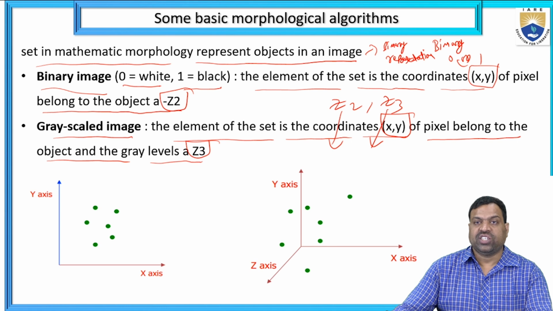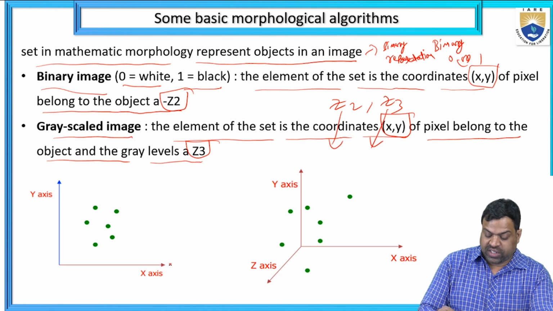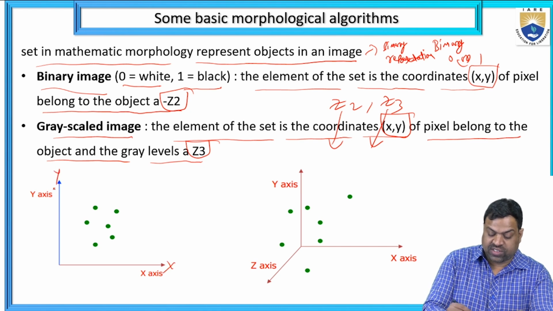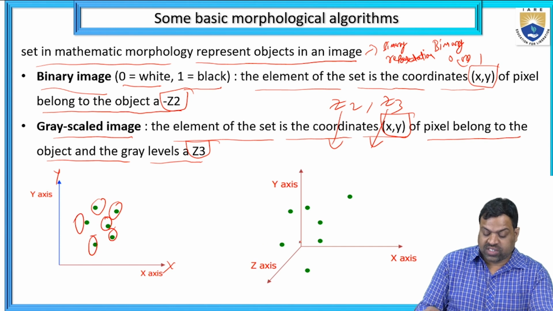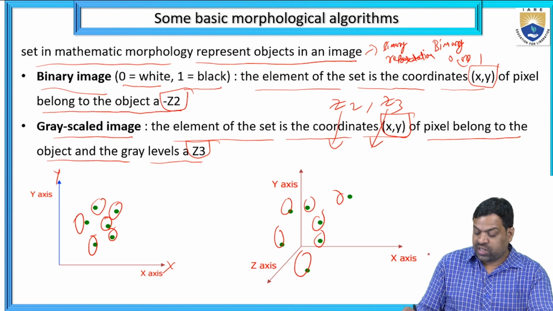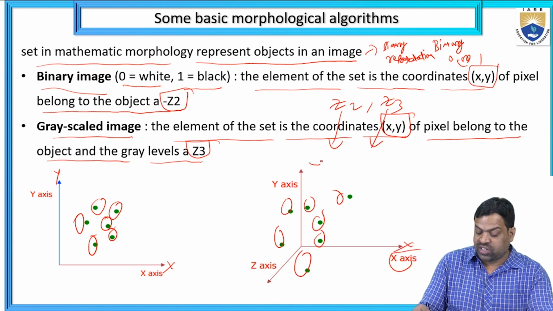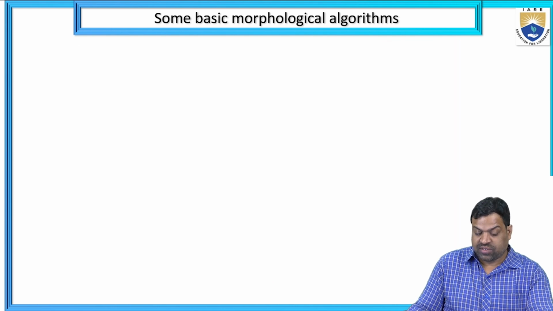When I am going for Z3, the grayscale image, the element of the set is the coordinates x, y of the pixel belonging to the object and the gray levels. If this is the x axis and this is the y axis, these are the grayscale or pixel images. So these are the binary and grayscale images.